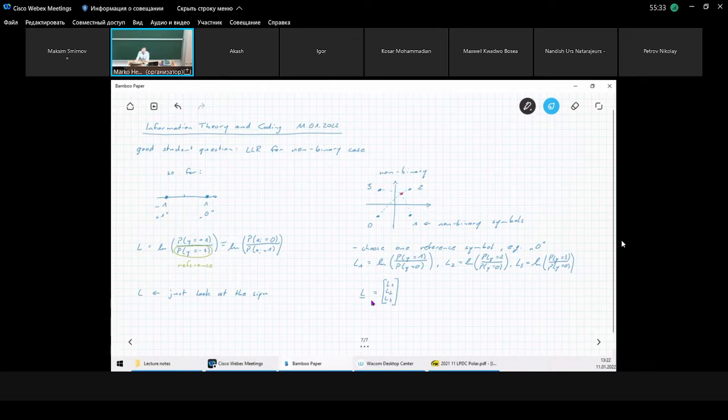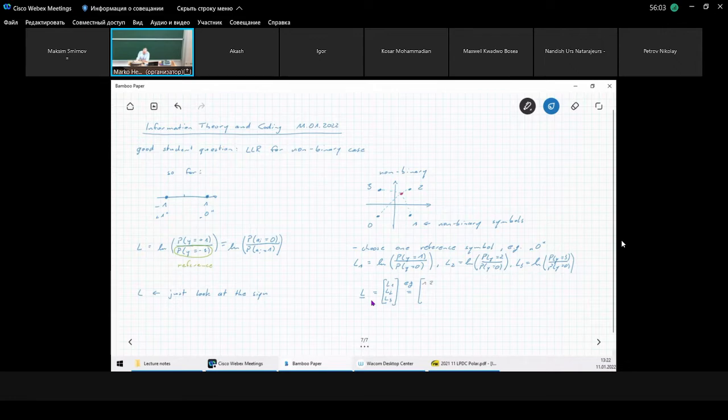But what does this mean now in terms of our log likelihood ratios? I just put in arbitrary numbers now. L1 is the probability that the observation is more likely a 1 or a 0. You see, 1 is slightly more likely than 0, so this would be a fairly small positive value, maybe let's say 1.